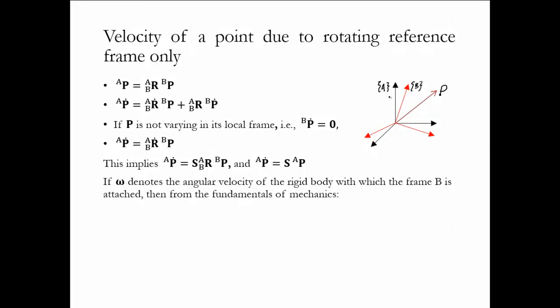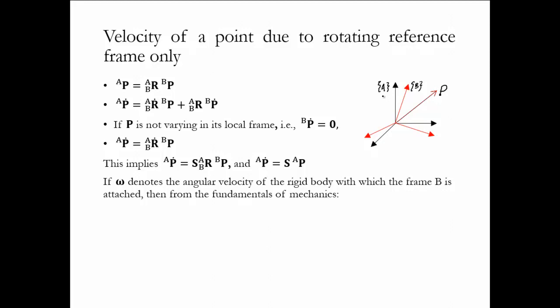So let that velocity be omega. Omega is a vector which has three components. Omega denotes the angular velocity of the rigid body, or the frame B attached to a rigid body, or simply the angular velocity of frame B with respect to frame A.